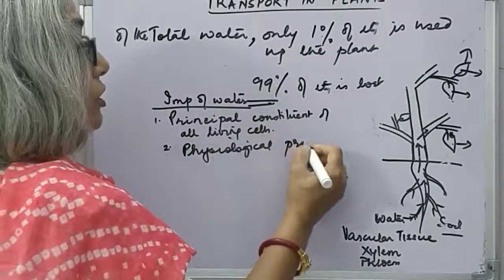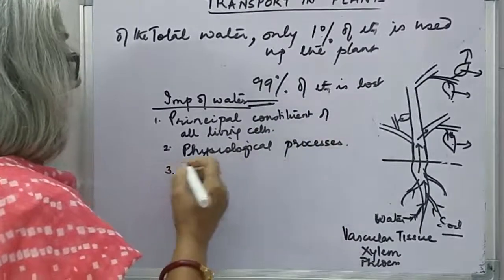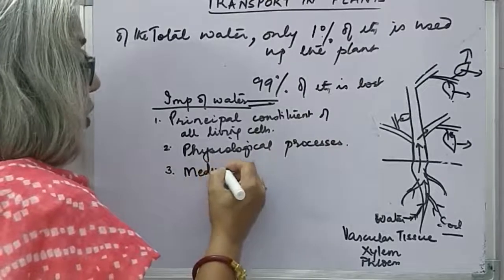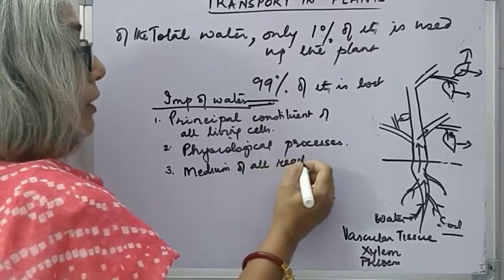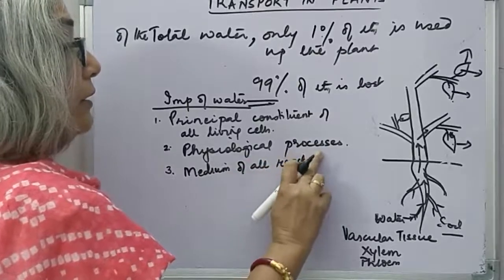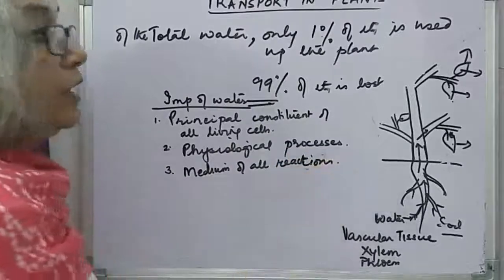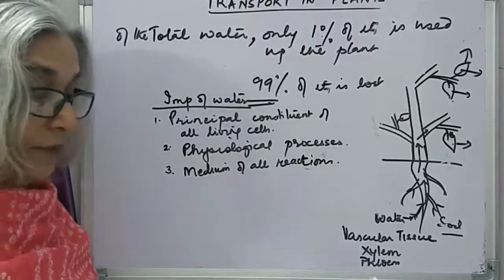Various physiological processes require water. It is a medium of all reactions going on in the body, or we can say it is an important reactant, because we will see in most of the reactions water is needed and water participates.